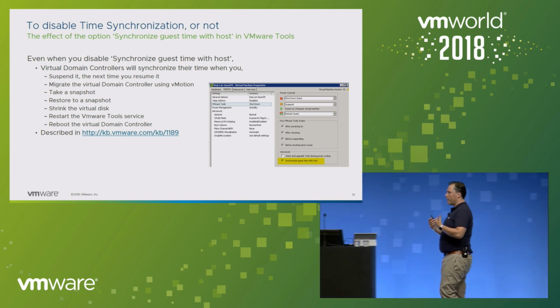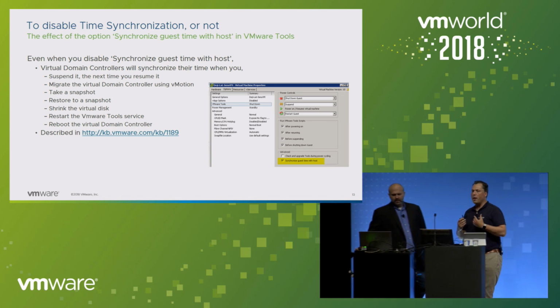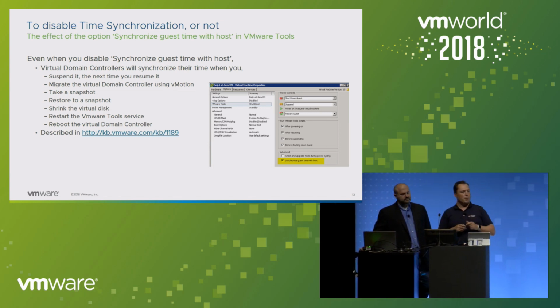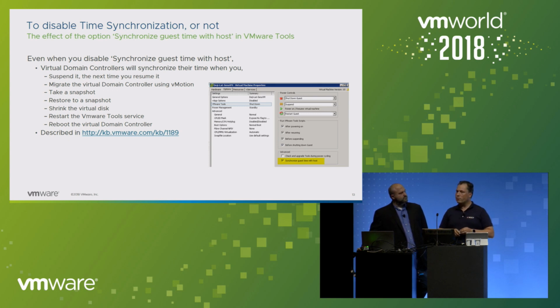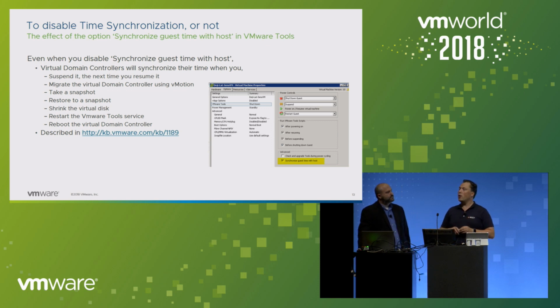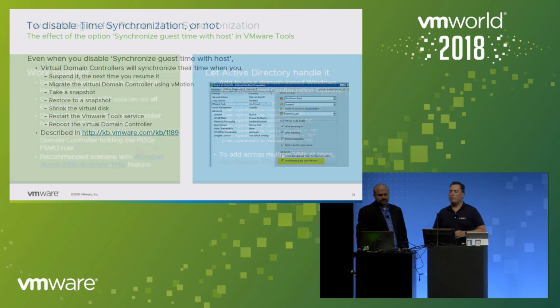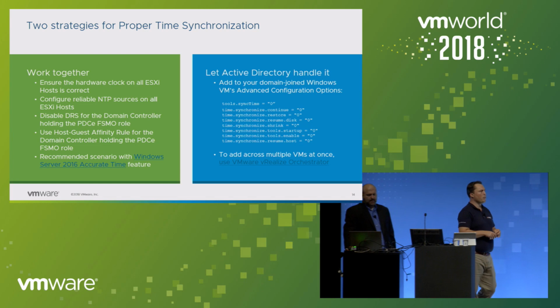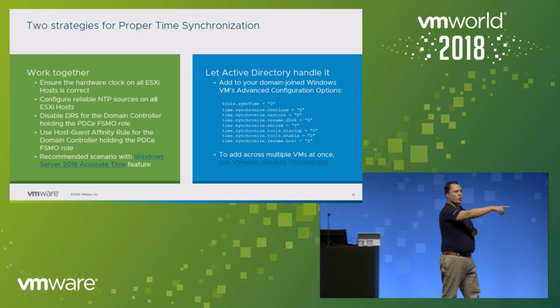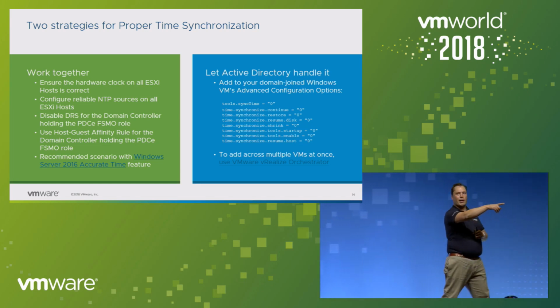And in vSphere, what you'll see is that even if you turn off time synchronization for any virtual machine, that virtual machine will still synchronize its clock with the virtualization host when, for instance, it reboots or the VMware tool service is restarted. So this is a very interesting slide because this slide will show you, here's someone who's going to change the clock on his virtualization host right now, right?